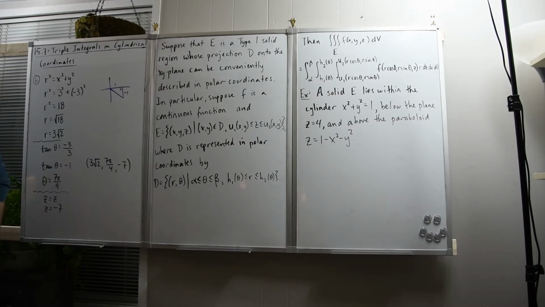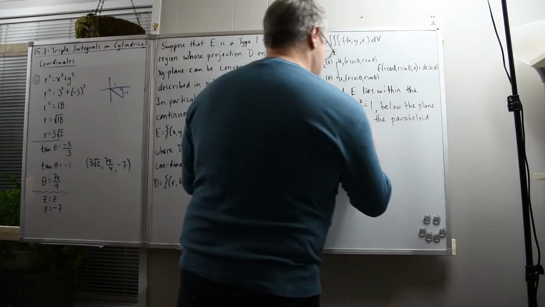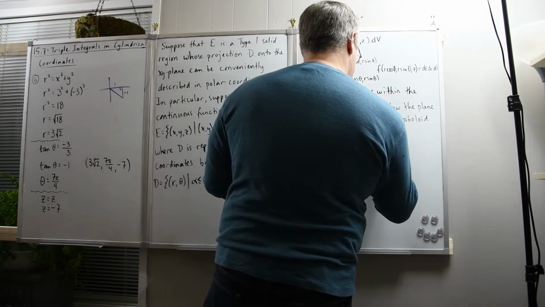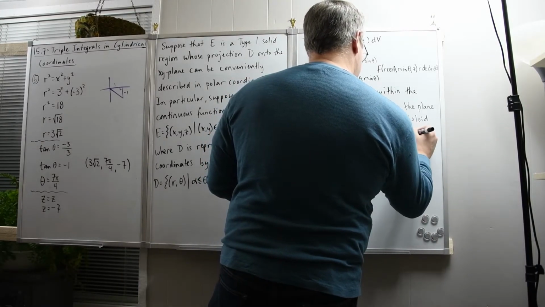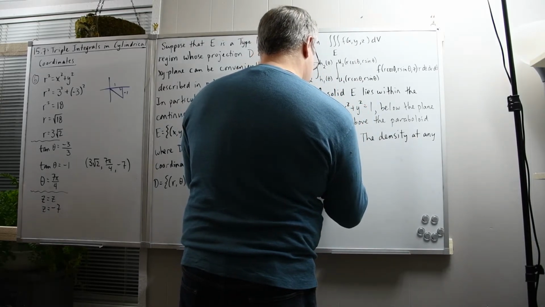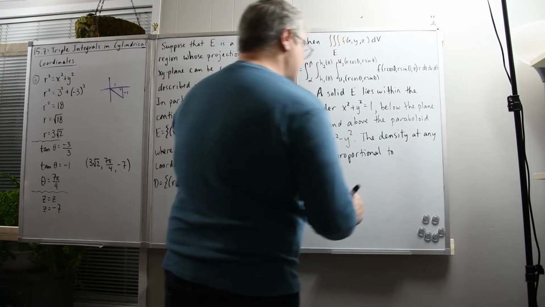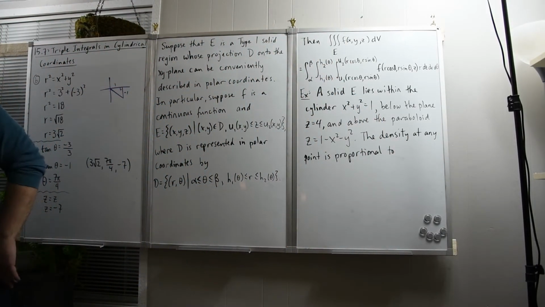Now, we're going to have a density function that is defined over the solid. The density at any point is going to be proportional to the distance from the axis of the cylinder.